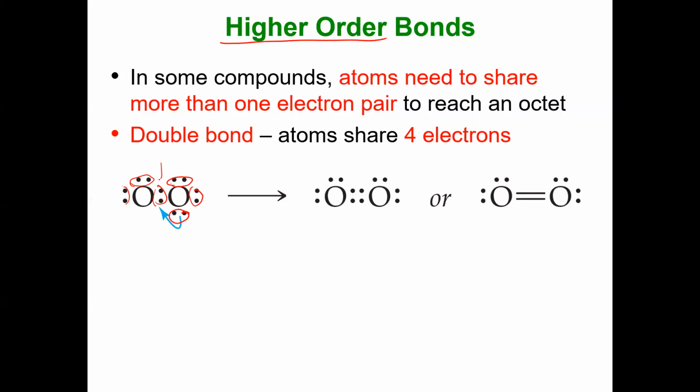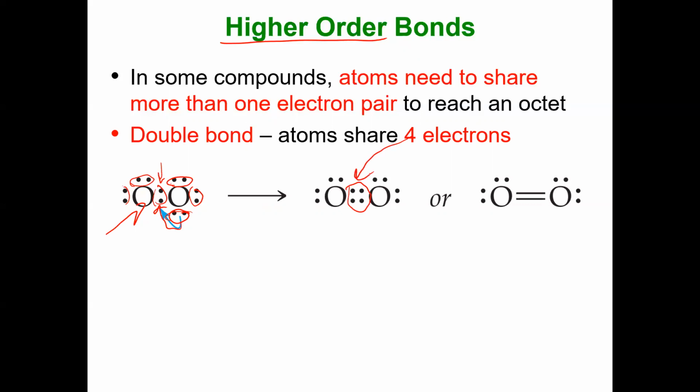But if we only had these two in between, this oxygen on the left would not have an octet. So one of these lone pairs is actually not a lone pair, it's also shared. So we see a sharing of 4 electrons.